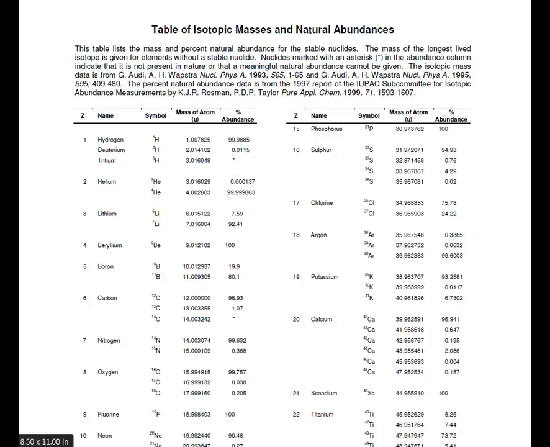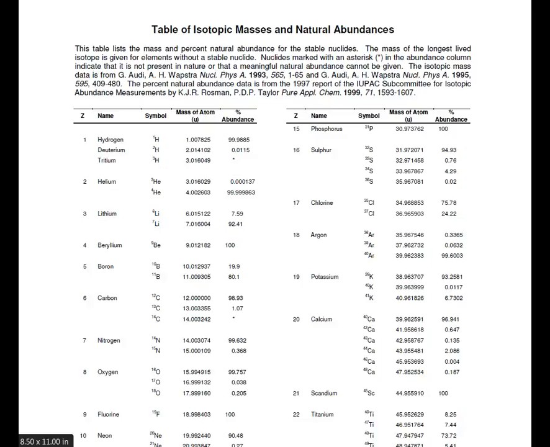So if we just focus for now on this percentage abundance value, these are tabulated for us so that we can know that when we're referring to a particular element, let's say nitrogen, that nitrogen is almost all nitrogen 14. It's almost 100%. If we were to look at fluorine, fluorine doesn't have any isotopes. 100% of fluorine is fluorine 19.